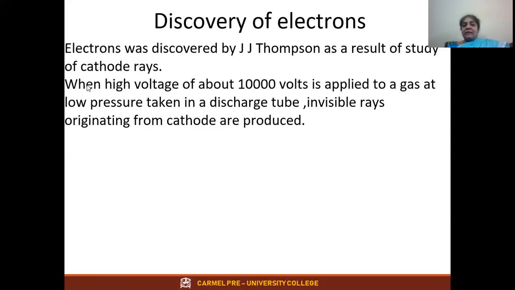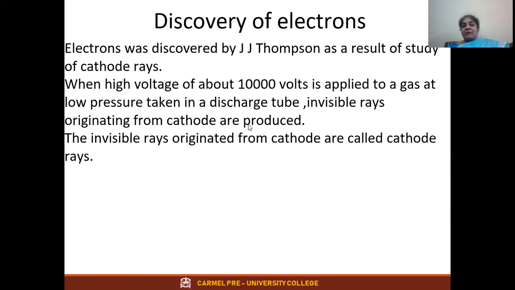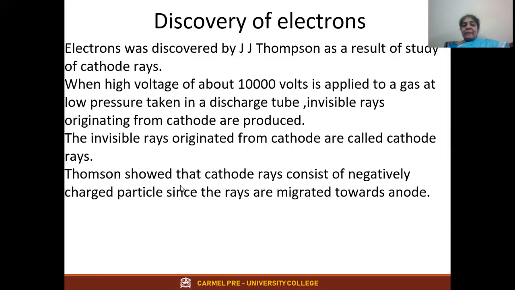The invisible rays originating from the cathode are called cathode rays.